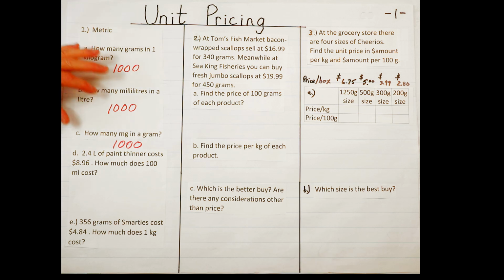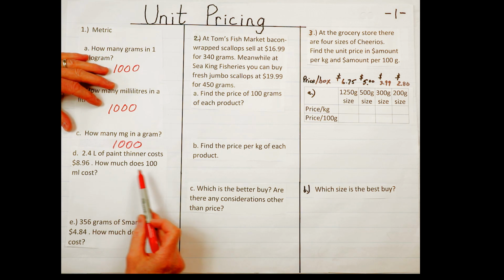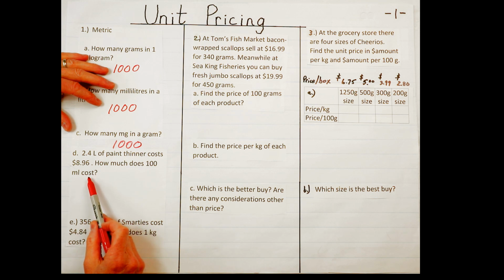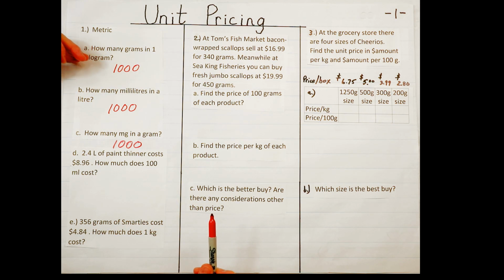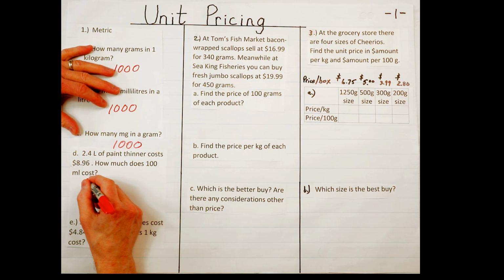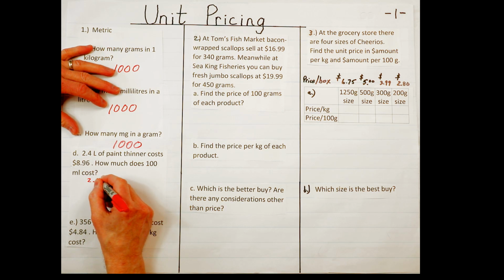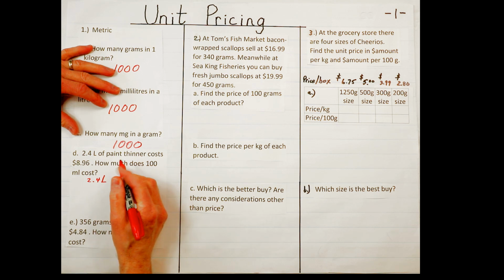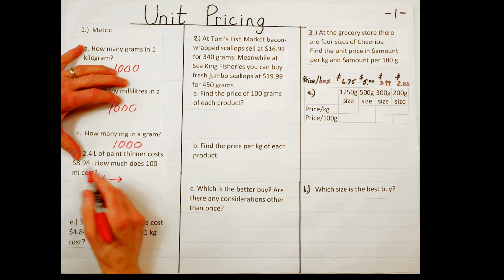2.4 liters of paint thinner costs $8.96. How much does 100 milliliters cost? Okay, so this is what I'm going to do. I'm going to write it like this. 2.4 liters costs $8.96.